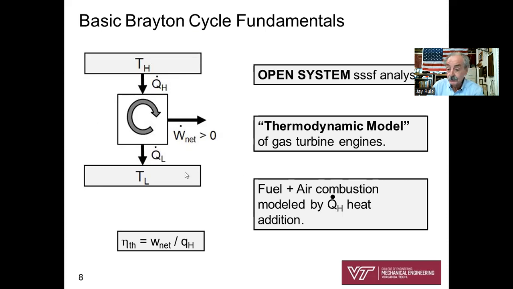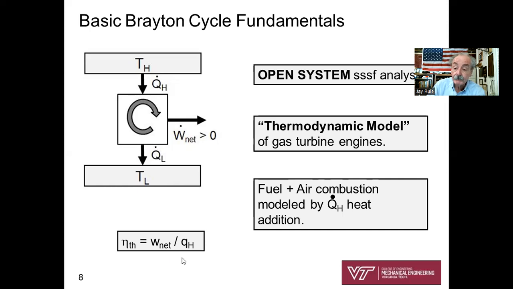Let's see, here is the reminder over here on the left, the reminder of our system operating in a cycle. So the Brayton cycle would be located within this little black box, rotating, making net power, showing the clockwise rotation, taking in high temperature heat transfer from a high temperature reservoir and rejecting heat to a lower temperature reservoir.